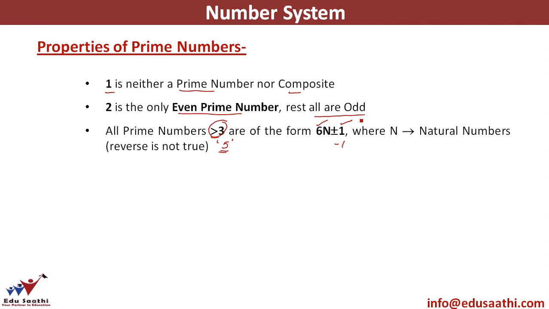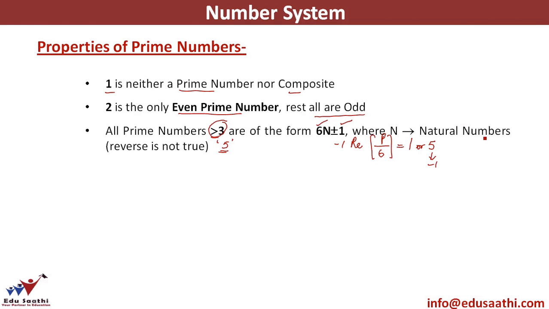That means every prime number divided by 6 would always leave a remainder of 1 or 5. I will write 5 as minus 1. We'll understand it when we move ahead in the presentation, the concept of negative remainders.